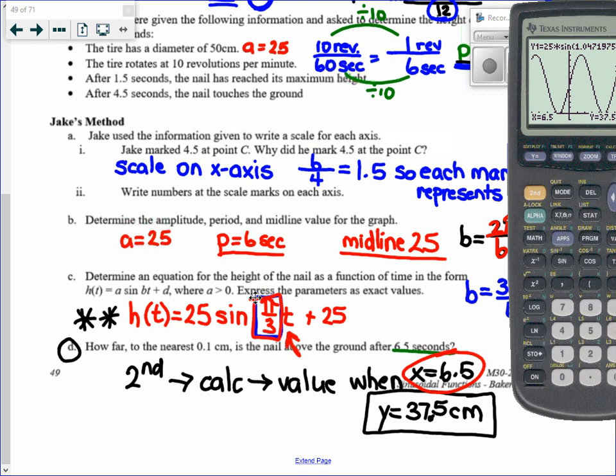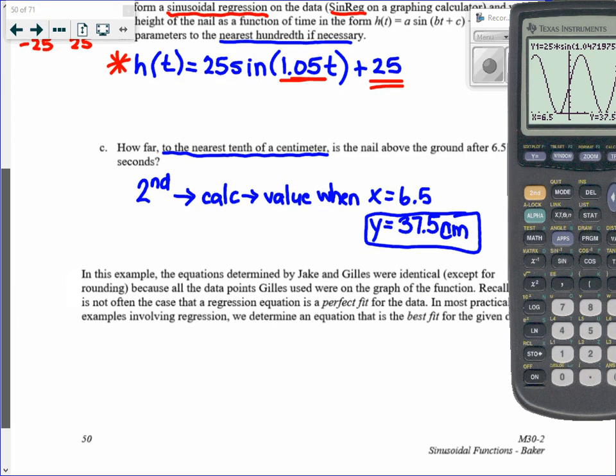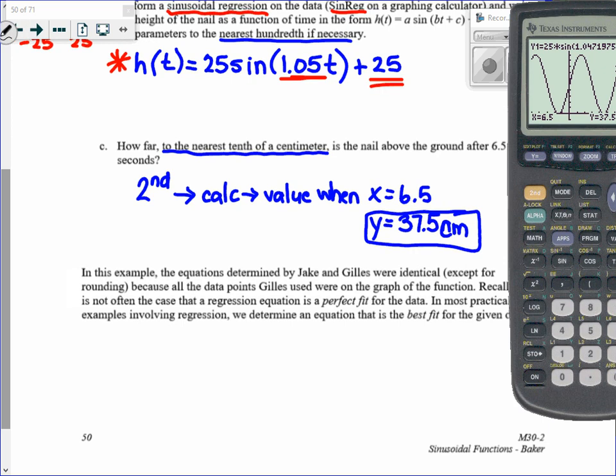If you calculate pi divided by 3 to a decimal though, it is 1.05. So they are the exact same equation. One is just written and calculated to the nearest hundredth instead of left with pi in it. Okay.